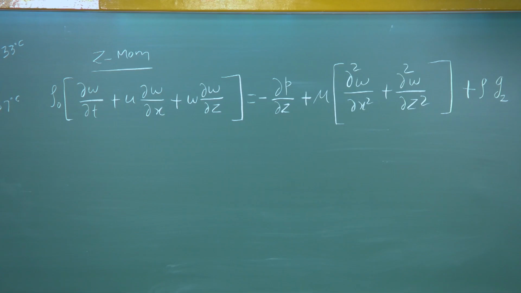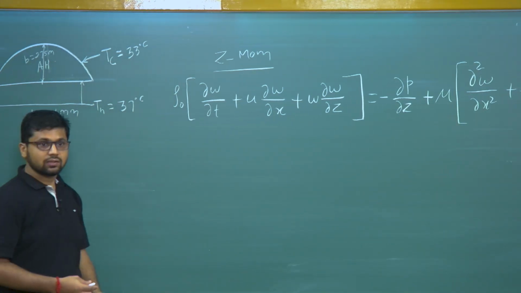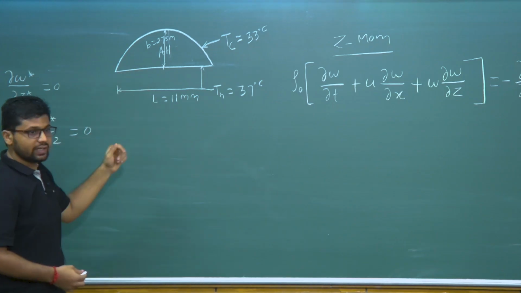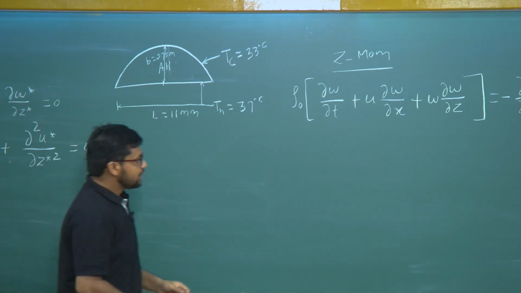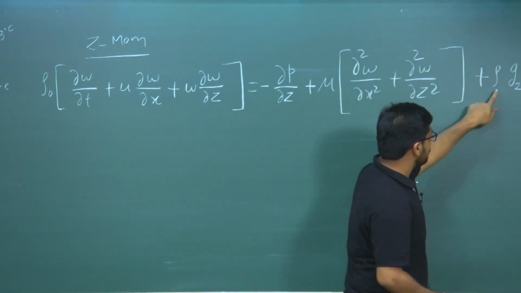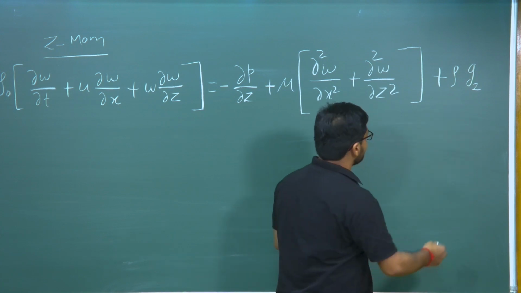But here the fluid flow inside the anterior chamber is happening only because density is a function of temperature, correct. So, that is why we cannot take density as constant in this case. We will have to consider that density is varying, and that is why you can see that here it is rho naught, whereas here it is rho, and this rho is a function of temperature.